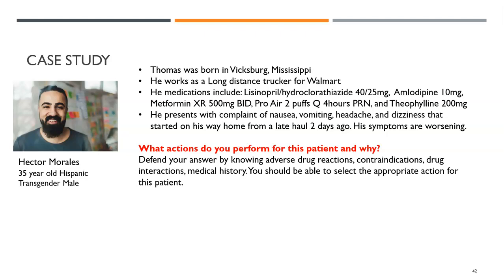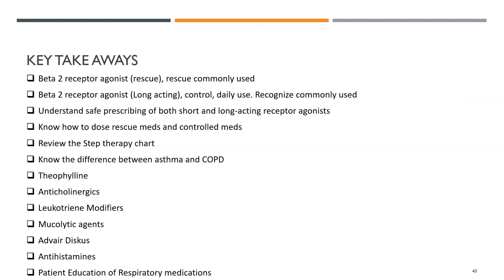Okay, so here are some key takeaways. You'll see this on the blueprint, but you've got it in advance if you're listening to the lectures. Some things you want to know: beta 2 receptor agonists, the rescues, which ones are commonly used. The long-acting B2 receptor agonists are used for control, daily use. Recognize the more commonly used of those. Understand safe prescribing of both short and long-acting receptor agonists.